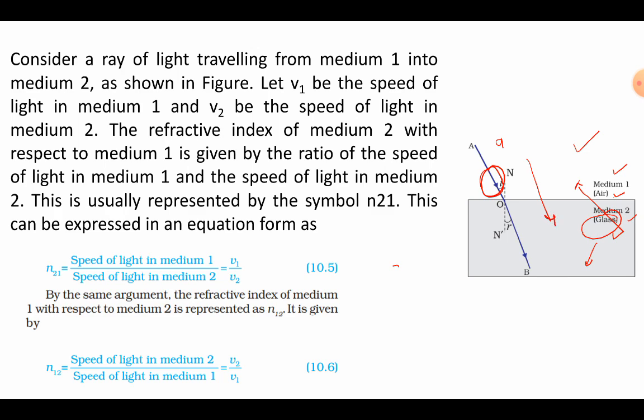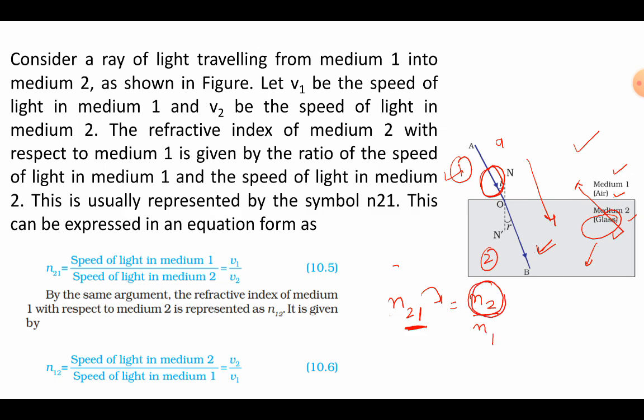How are we going to represent it in the case of relative refractive index? The light is entering into the second medium from the first medium, so it will be refractive index of 2 with respect to 1. This can also be written as refractive index of medium 2 with respect to 1.